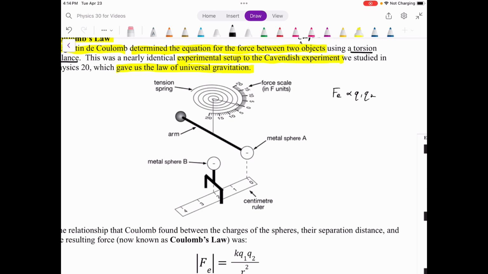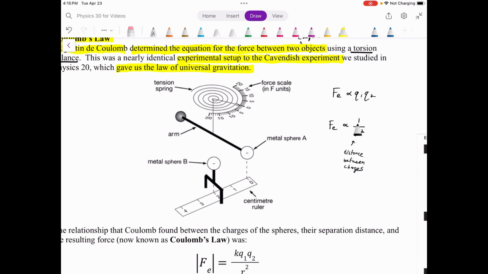And what Coulomb came up with when he did that, again, this is not the equation, but it is the relationship between them. He found that the electric force was inversely proportional to the distance between them. That's the r. r is the distance between the charges. Okay. It was inversely proportional to the distance between them squared.